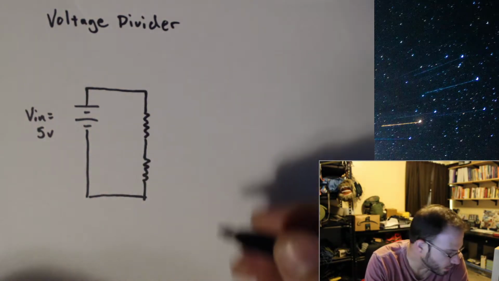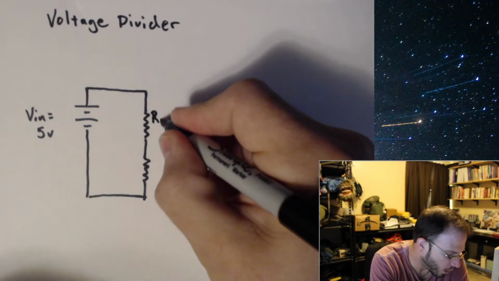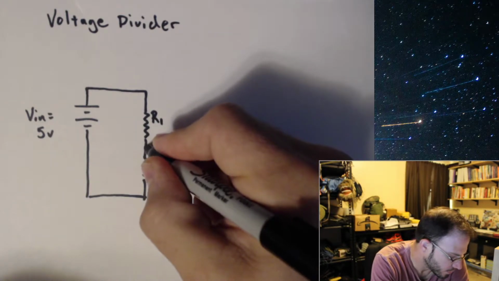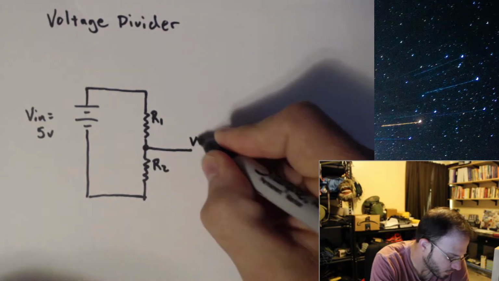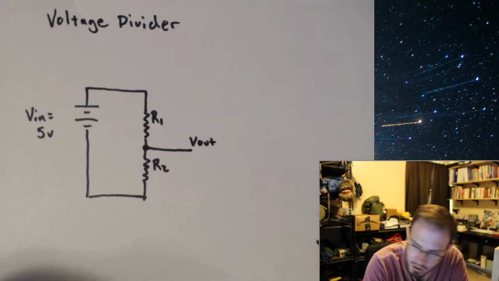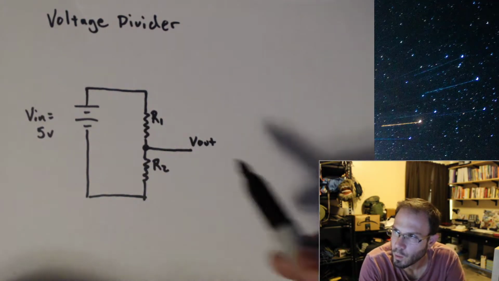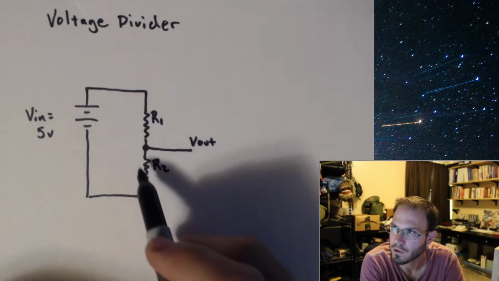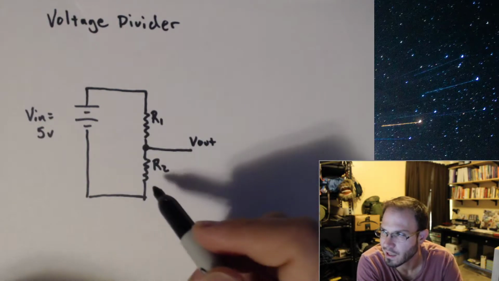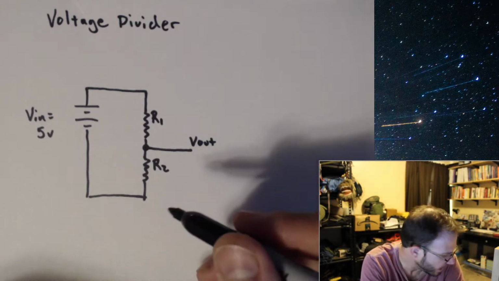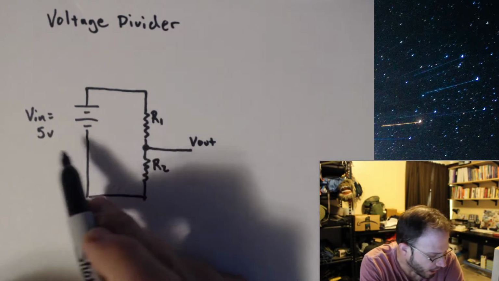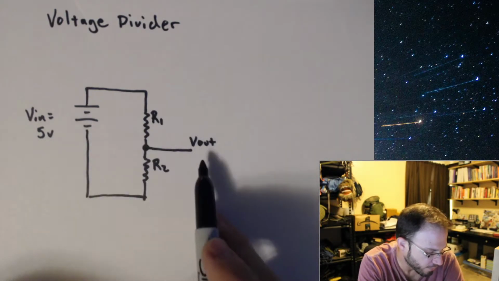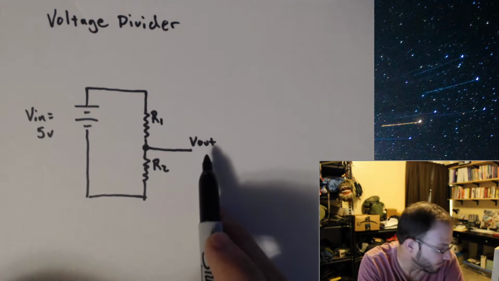And right in between the two resistors that I'll label as R1 and R2, I'm going to call this V out. So we know how to solve this circuit. This is nothing difficult. It's just two resistors in series. We saw it two lectures ago. But just wrapping your mind around this idea that we have a voltage input and a voltage output is what's going to be different for us.